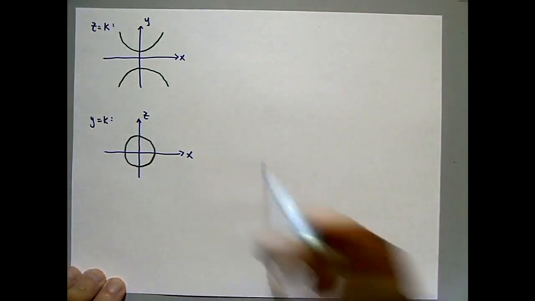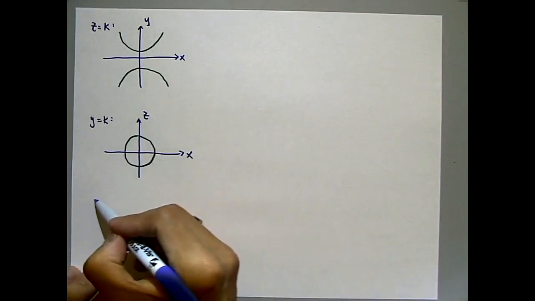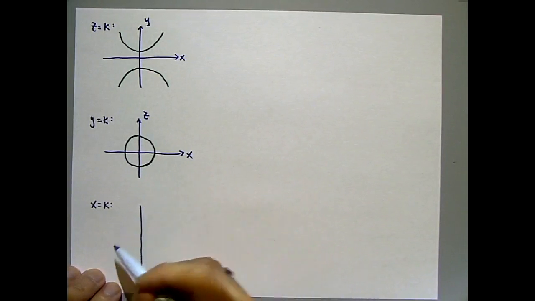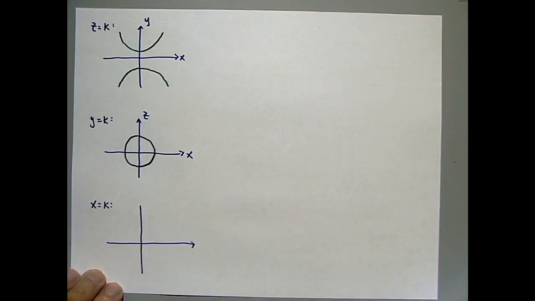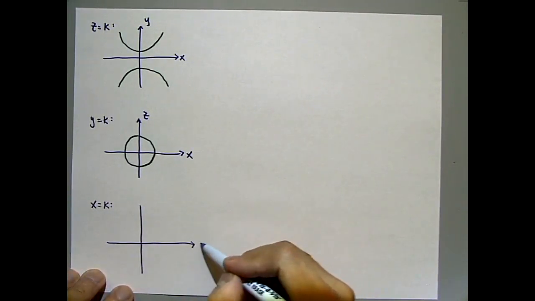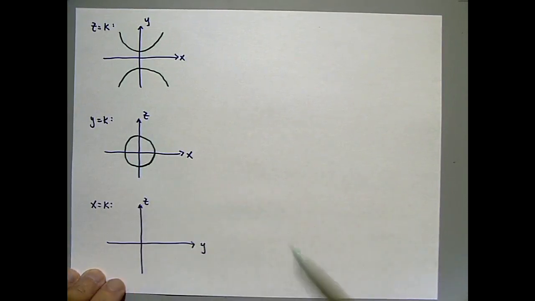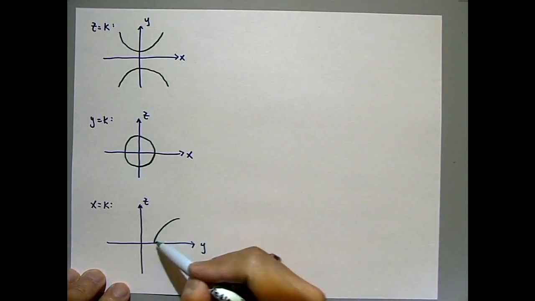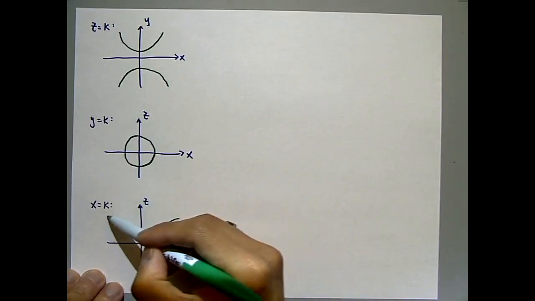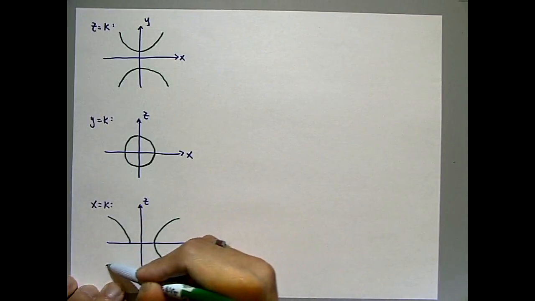And that's a good circle. And last, the x is equal to k. We're looking at y versus z now. And this time we have hyperbolas that are open left and right in this perspective.